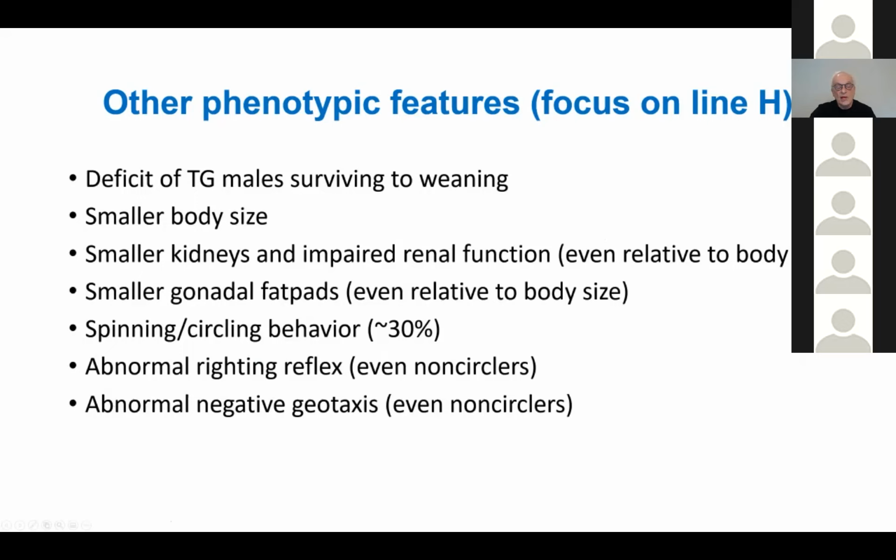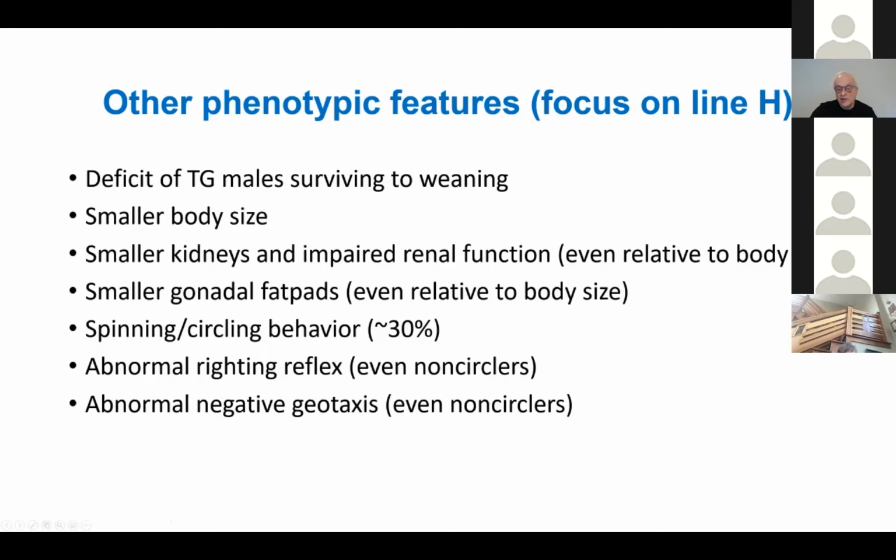The Erythroferrone overexpressing animals had smaller kidneys and impaired renal function, and smaller kidneys even when this was indexed to their body size. They had smaller gonadal fat pads, again, even relative to body size. They exhibited a partially penetrant behavioral abnormality where they were running around in circles.